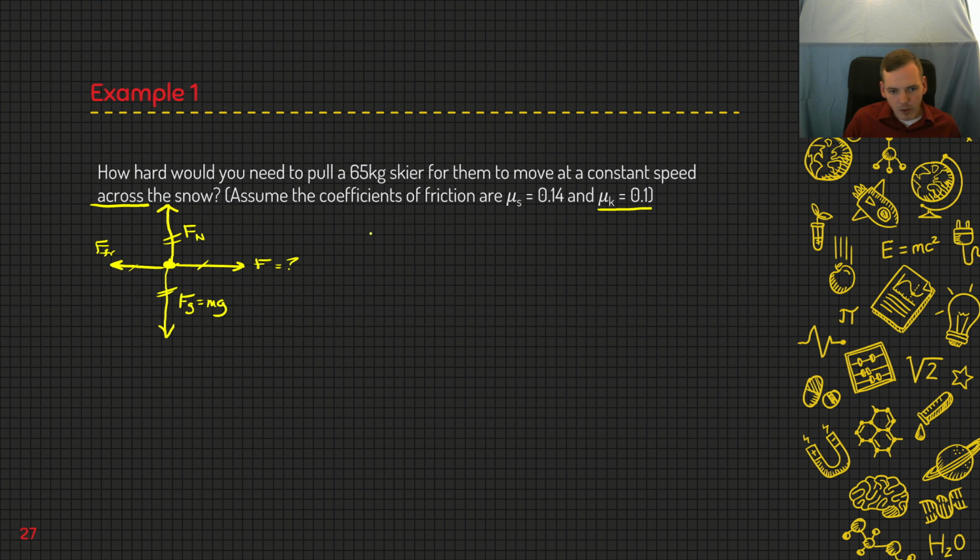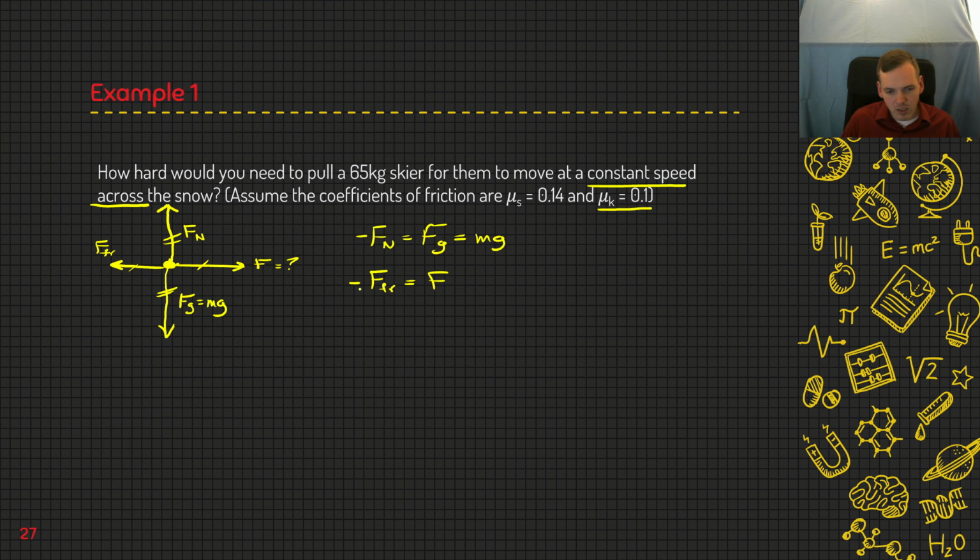So I know those are equal, I know that those are equal. So now we know that Fn equals Fg equals mg, because the skier isn't moving up or down, because they're moving across the snow. So their vertical forces have to be equal by Newton's first law. Then we're moving them at a constant speed across the snow, so we know also by Newton's first law that negative F friction has to equal the force that I'm trying to solve for.